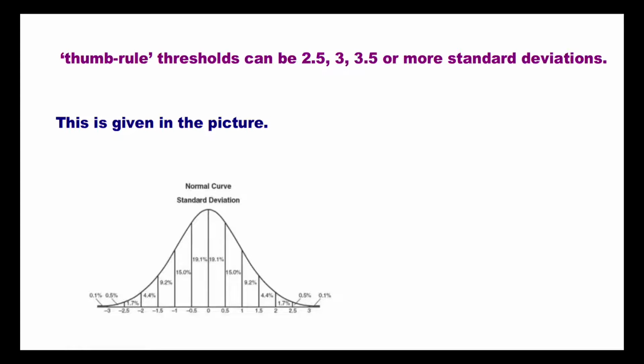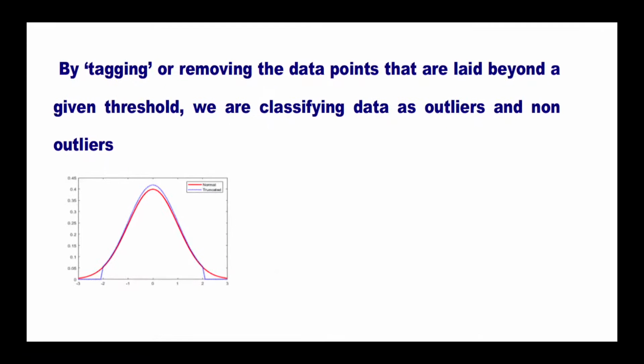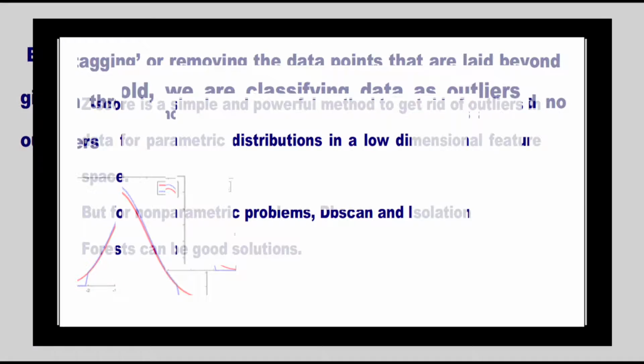Some rule-of-thumb thresholds can be 2.5, 3, 3.5 or even more. This is depicted in the picture given. It shows a bell-shaped curve with normal distribution and the standard deviation values. By tagging or removing the data points that lie beyond a given threshold, we are classifying data as outliers and non-outliers. It is given in the figure.